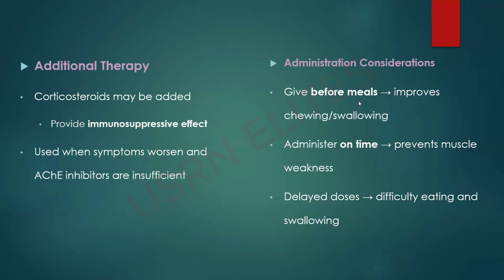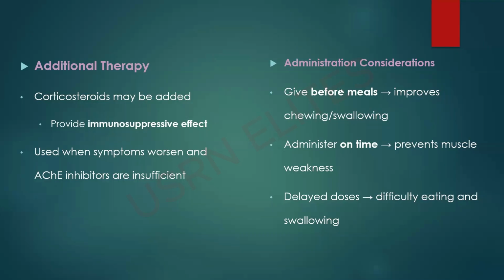You give before meals. So when they give you an instance where a client or a patient who has myasthenia gravis is about to be fed, no matter how the question is framed or whichever tricky way they want to take you through, please know that they have to take the medication before they eat so that there will be improvement in swallowing.